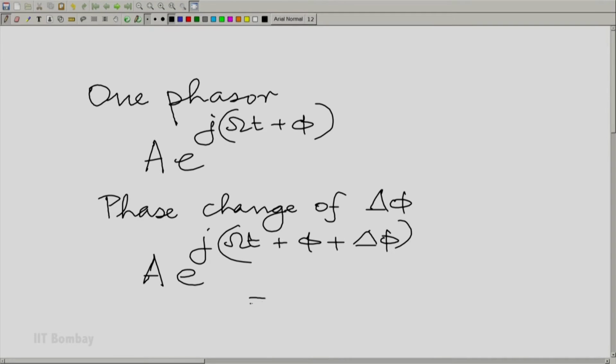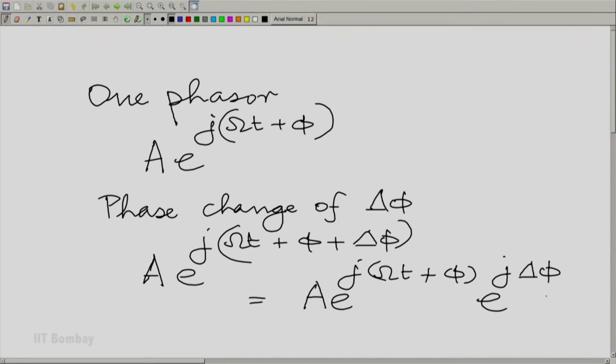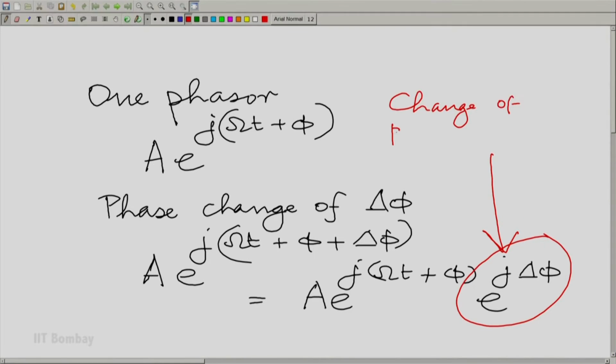Now, this can be rewritten as a e raised to the power j(omega t plus phi) multiplied by e raised to the power j delta phi. And this is the important thing. A change of phase is just a multiplying factor, albeit a complex multiplying factor.